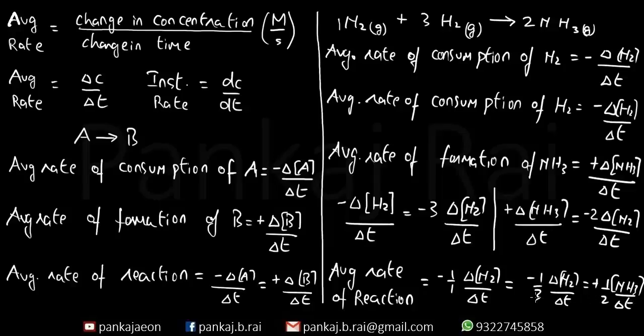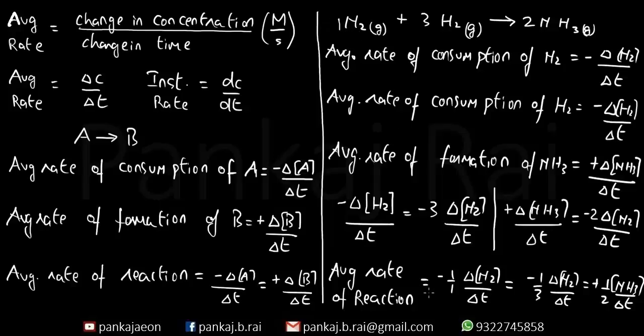Now, if you remember that the hydrogen was getting produced at 3 times faster rate than N2, let's say we are taking average rate which is equal to the rate of consumption of N2. So average rate is in terms of rate of consumption of N2, and it could be said that it is 1/3 of rate of consumption of H2, because H2 was 3 times faster, so average rate would be the same here. And also we saw that the rate of formation of NH3 is double the rate of consumption of N2.